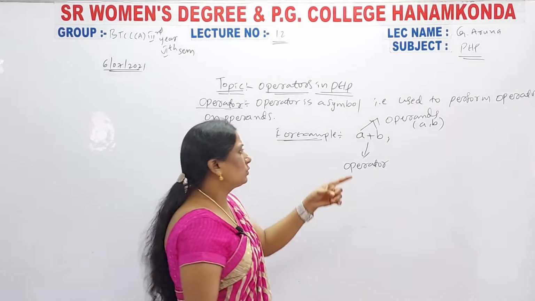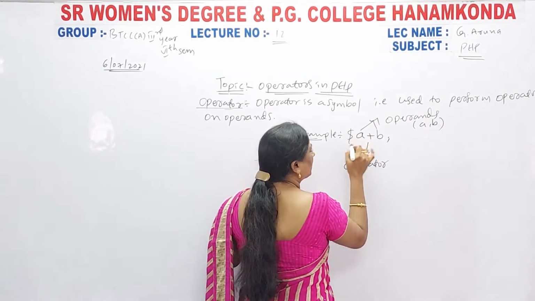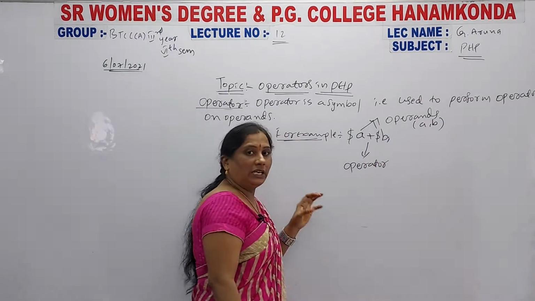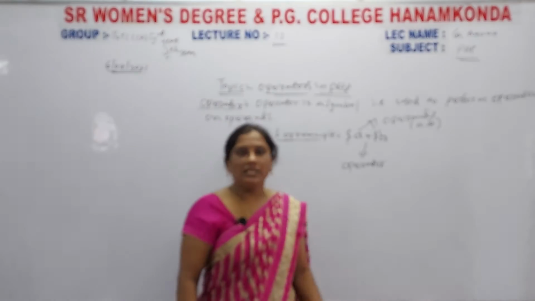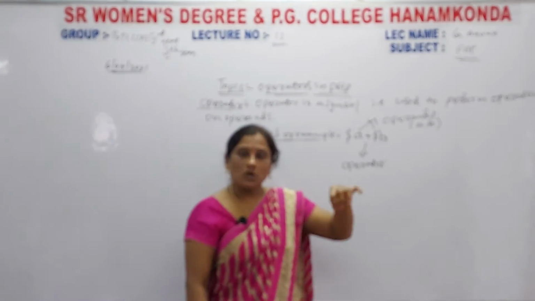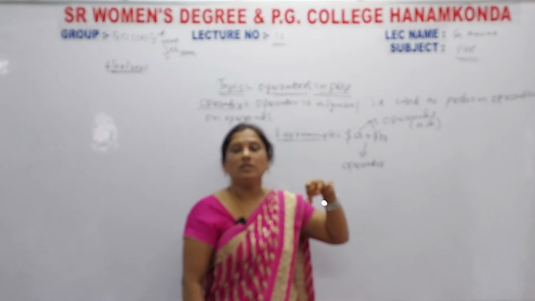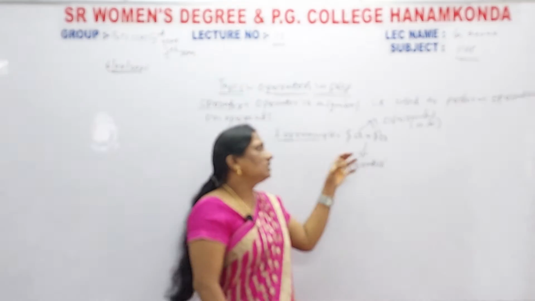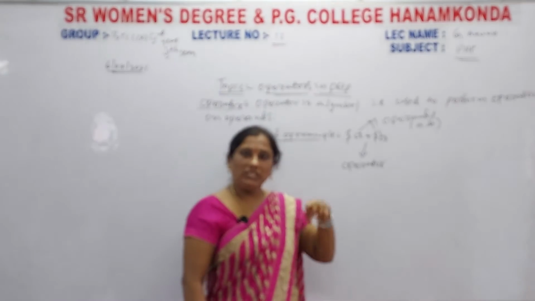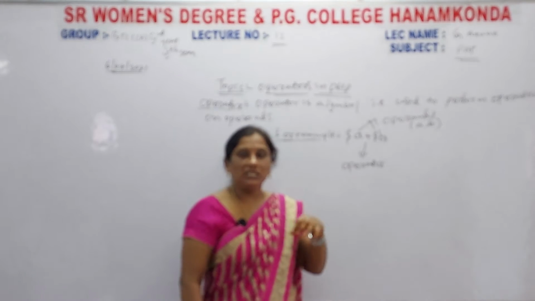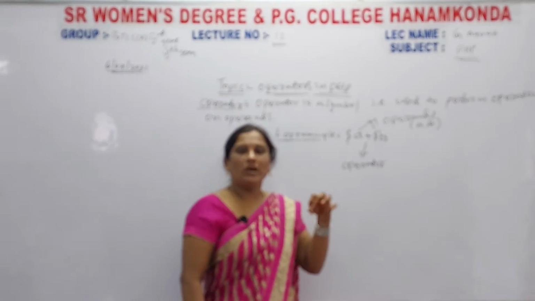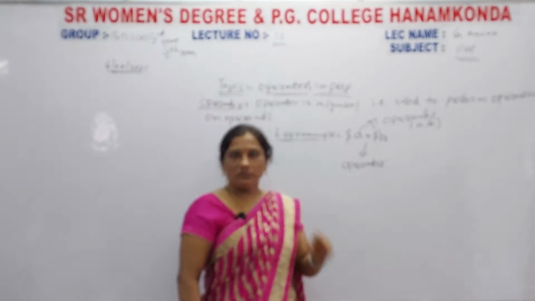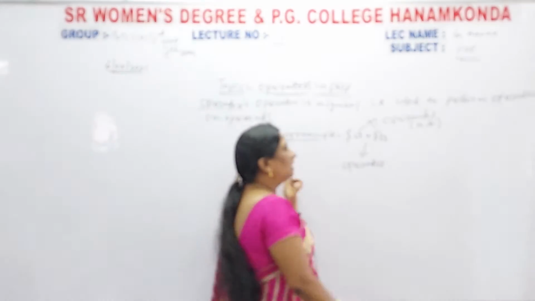Here these two are variables, and remember this point: why do we take the dollar symbol? In PHP, any variable is declared with a dollar. These are the PHP operands. So when declaring a variable you have to take a dollar symbol. Dollar A plus dollar B: these two are operands or variables.